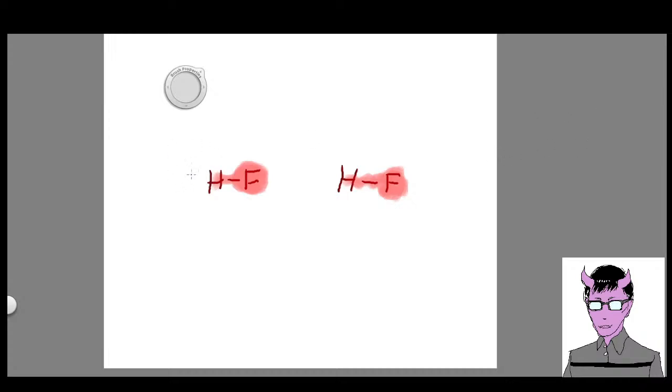So we're going to put some symbolic notation. So this is a partial positive. That fluorine right there is a partial negative. And same is true for this one. Partial positive, and then we have partial negative. Nice. Think about it as bar magnets, please. So if you have bar magnet number 1, that's a north and south end dipole.